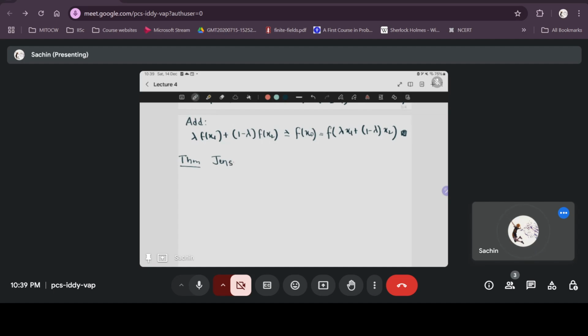The theorem, we call it Jensen's inequality, which states if f is a convex function and capital X is a random variable and script X, that is the set of all values that capital X can take, must be in the domain of the function, is in the domain of f.